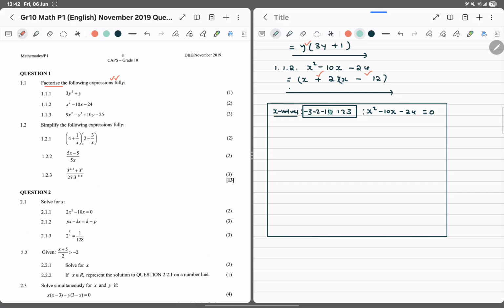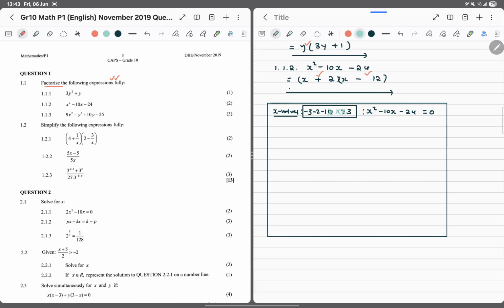So can we put 1 in there? So if we put 1, it's going to be 1 squared, which is 1, minus 10, that's minus 9, minus 24, that gives us minus 33. Again, 1 doesn't work. 2, we get 4 minus 40, so that's minus 36. Minus 36 minus 24, that's minus 60, so that's wrong. 3, what do we get?